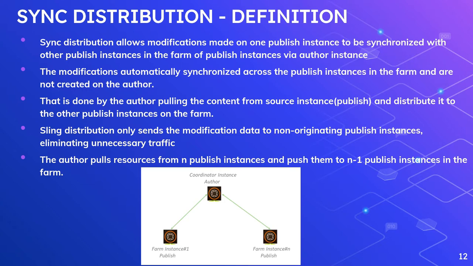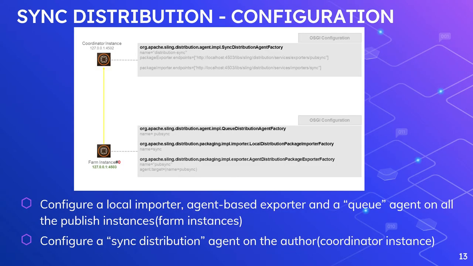The sync distribution will help us to sync the data generated in n published instances to n-1 published instances other than the source published instance in a farm, through the author instance as a coordinator, but the modifications are not created in author. Let us now see the configurations required.